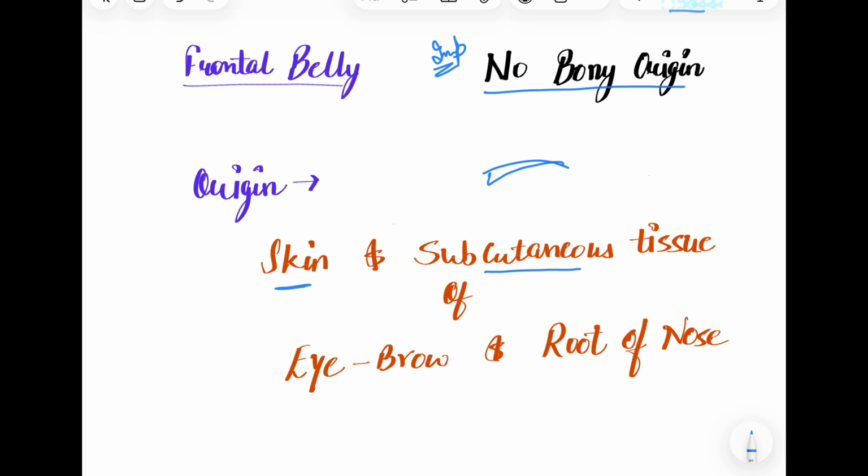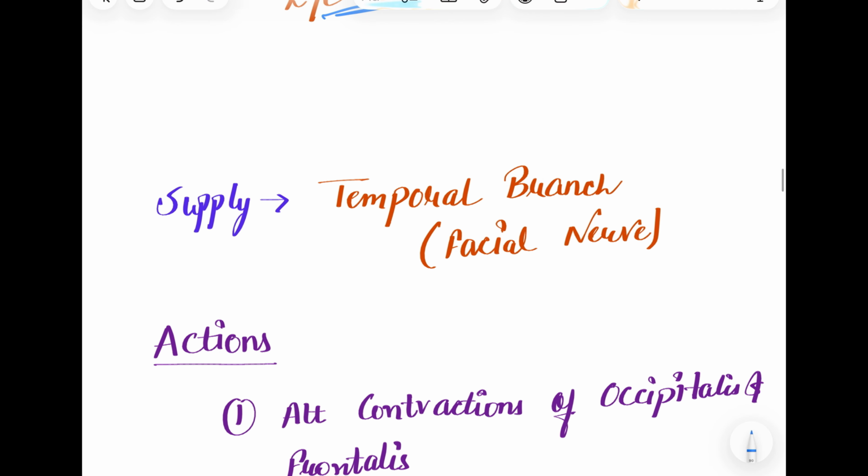If I say this is my eyebrows and this is my root of the nose, it is coming from this region, right? So it's taking origin from the skin of the eyebrows and the root of the nose, and the supply is the temporal branch of your facial nerve. So it is also going to be a motor branch, as it is supplying your muscle belly, right?